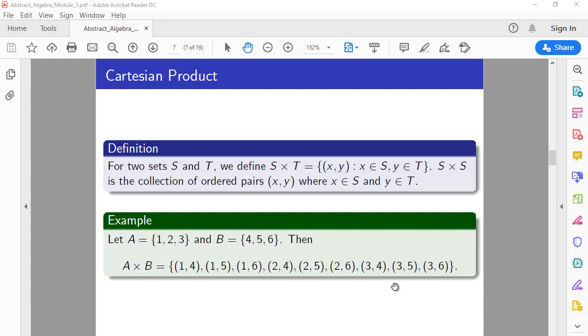Notice that the number of elements in A cross B is 9, which is 3 times 3.